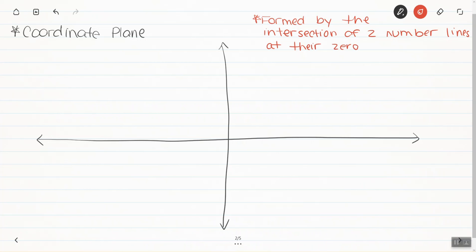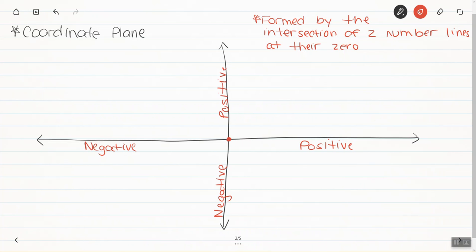So you can see that I have a vertical number line and I have a horizontal number line. And they both meet right there in the middle, and that would be like the zero of the horizontal, because we would have the negatives over here, and we would have the positives over here. And then the same thing for this vertical line. We would have the negatives here and the positive here.